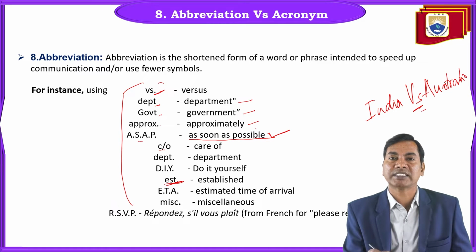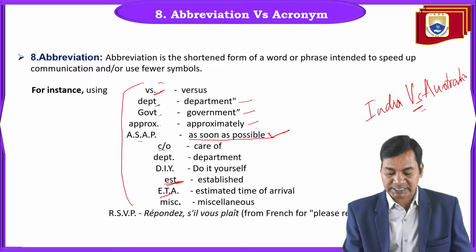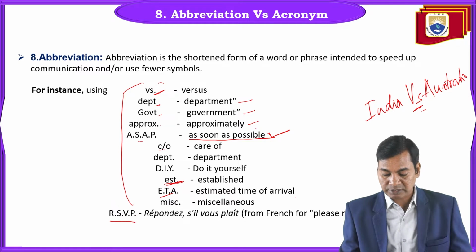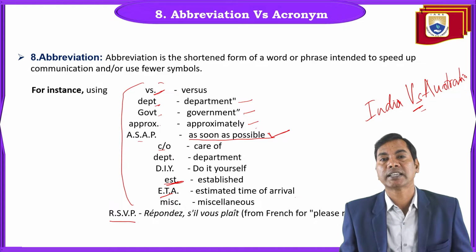That's why they simply mention EST. Even on letterheads, you would find EST means established. ETA, estimated time of arrival. MISC, miscellaneous. And RSVP, it's a French term which means please reply.